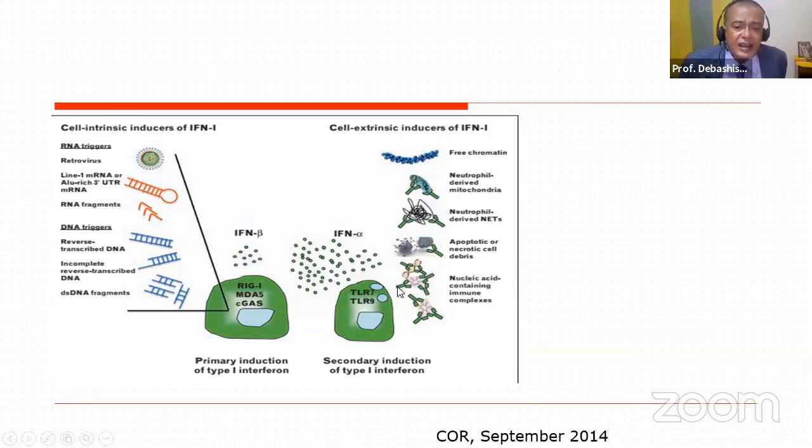All these things can act on the cells through TLR7 and 9. They can cause secondary induction of type 1 interferon, producing interferon alpha, whereas the cell intrinsic inducers act on the cells through RIG-I, MDA5 and cGAS and produce interferon beta. So these are the two broad mechanisms of type 1 interferon induction.